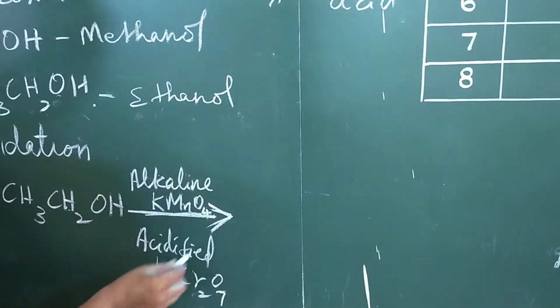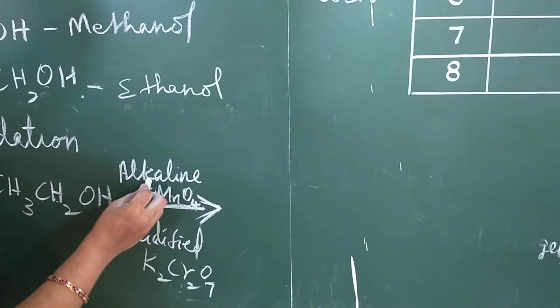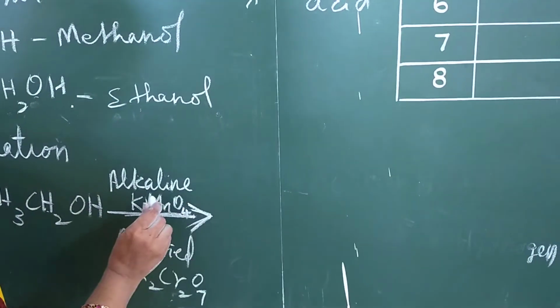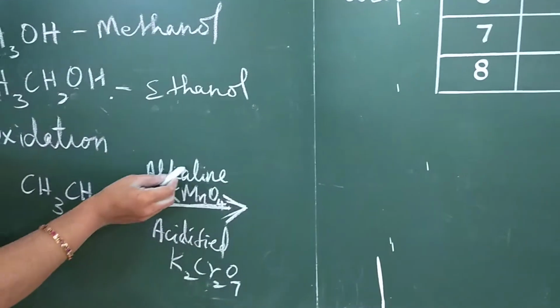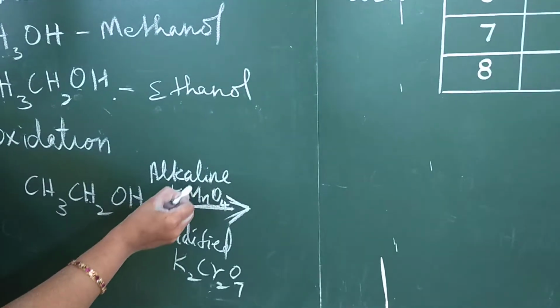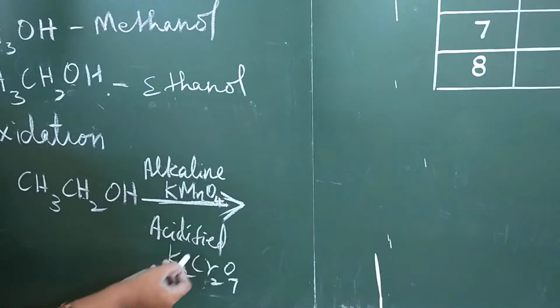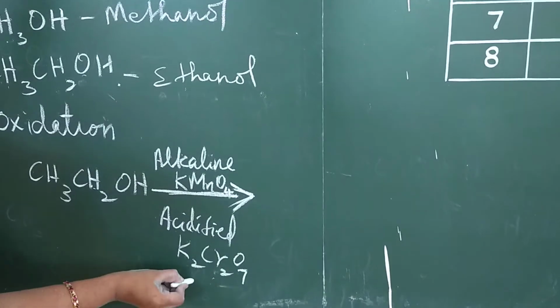Alkaline potassium permanganate or acidified potassium dichromate. Name two examples of oxidizing agents: alkaline potassium permanganate and acidified potassium dichromate.